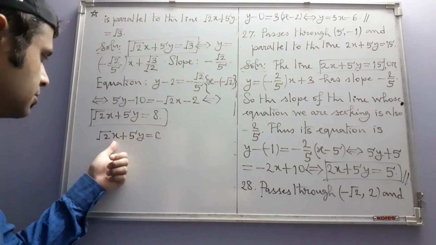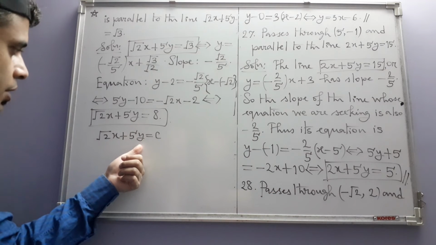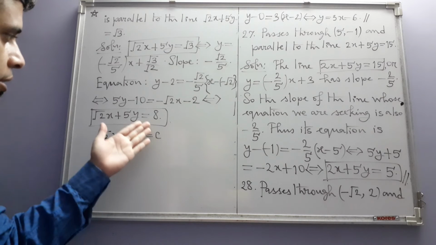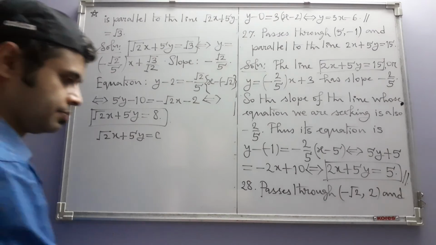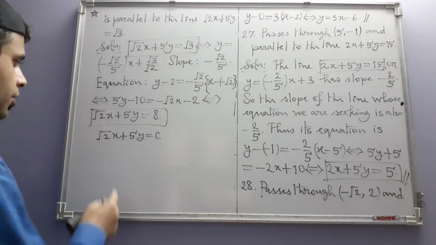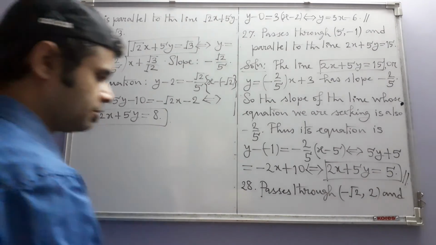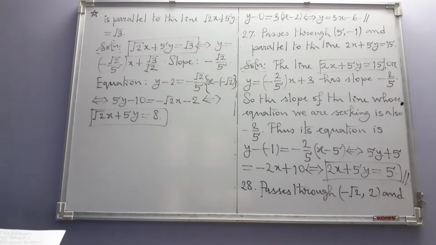So for x you will put minus root 2, for y you will put 2, and then you can find c, and you will see that c equals 8. But we cannot do that, of course, because we don't know for sure that this is always the case. It can be shown, but we don't need that right now.